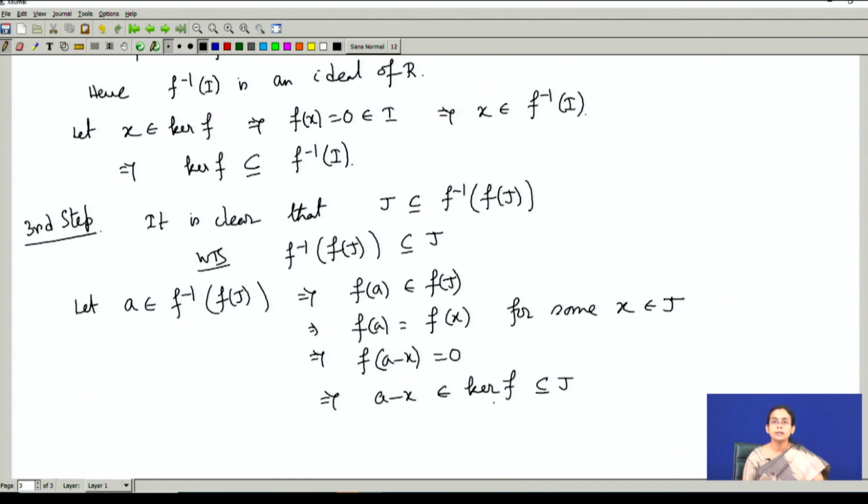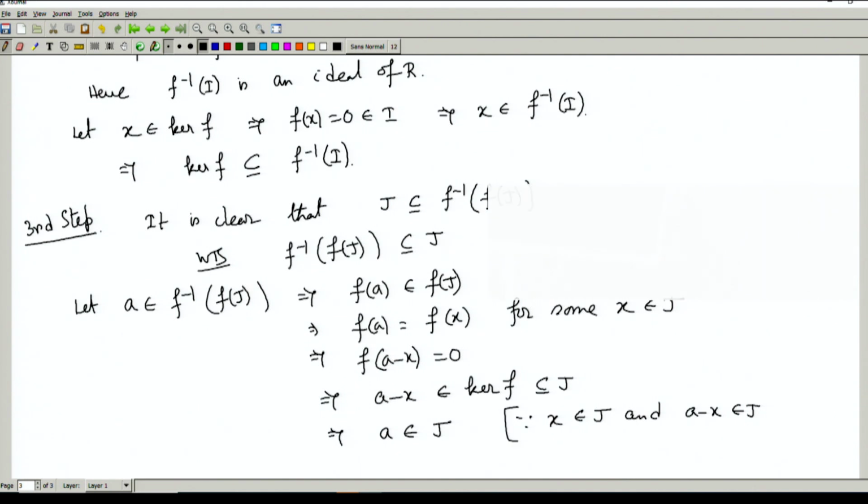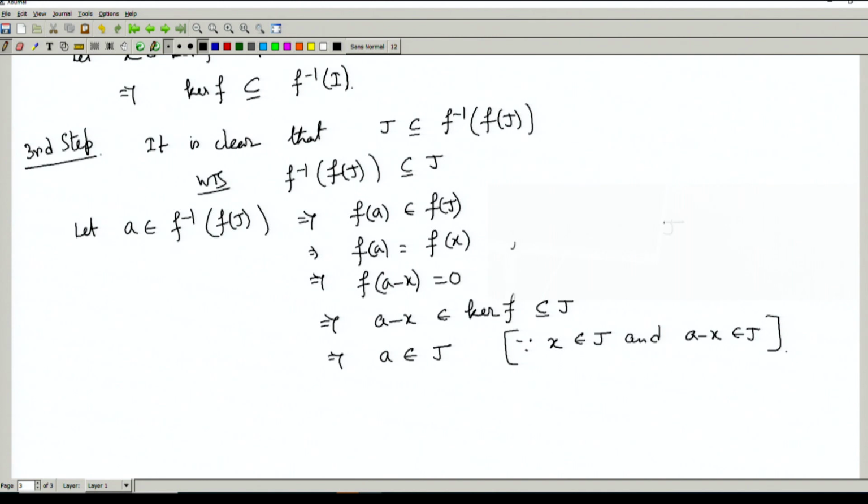Therefore, J contains this kernel, and then from here I can say that a minus x belongs to J. Since x belongs to J and a minus x belongs to J, because of this reason I am observing that a is also in the ideal J.